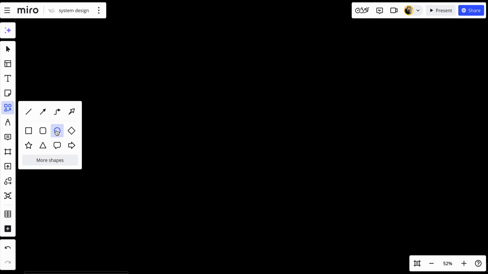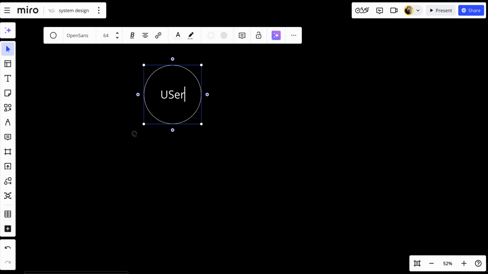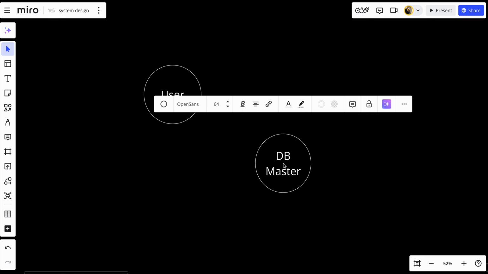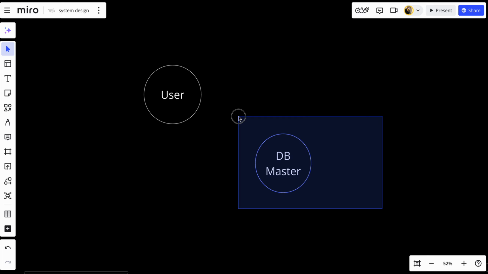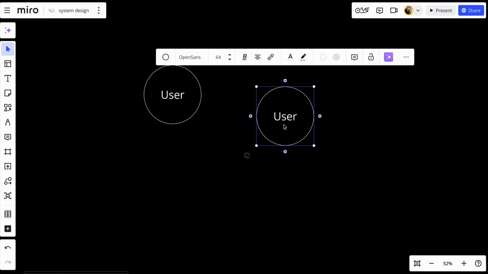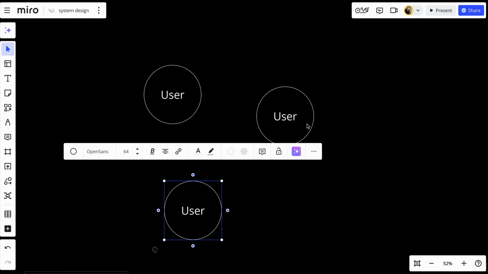Let's think about a structure of having users. Let's say that we have different users.